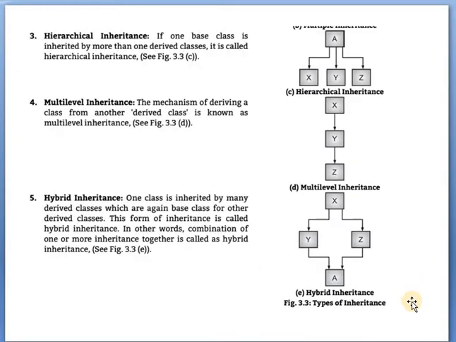Okay, next the hierarchical inheritance. See here, if one base class is inherited by more than one derived class, then it is known as hierarchical inheritance.